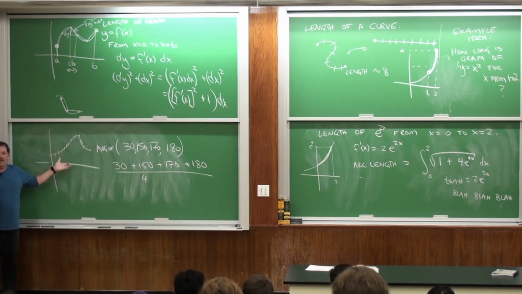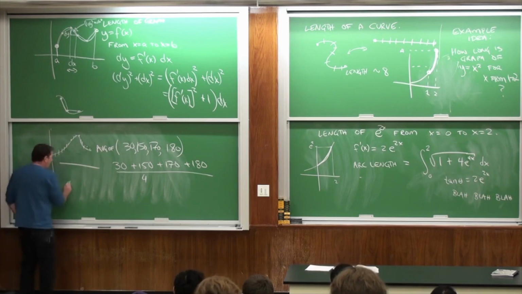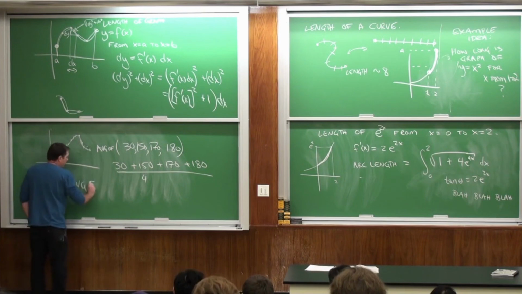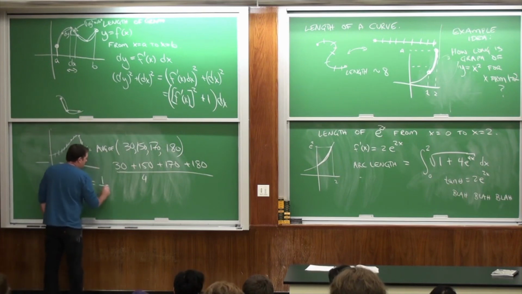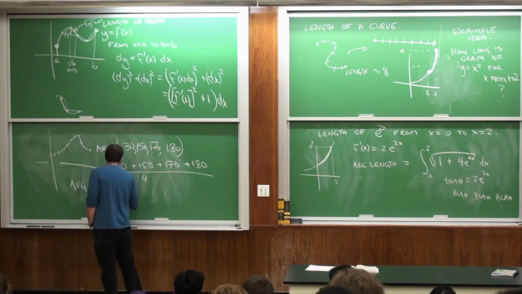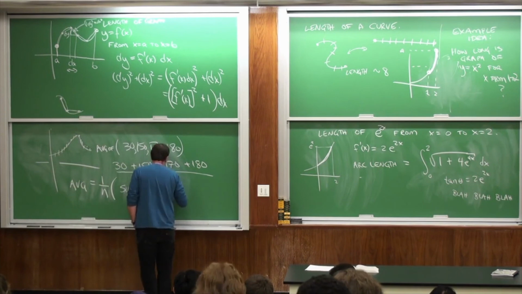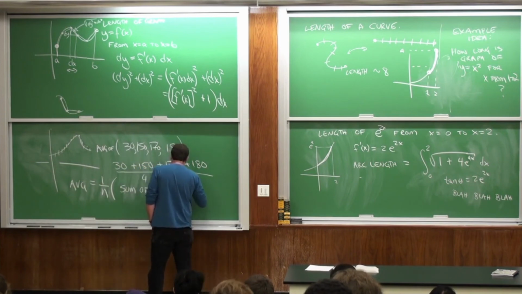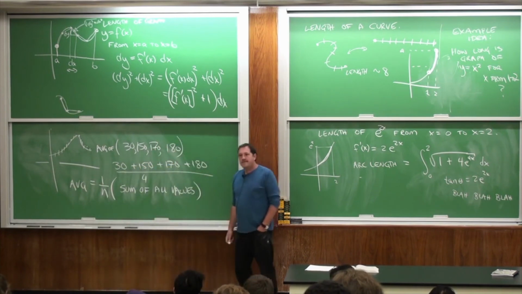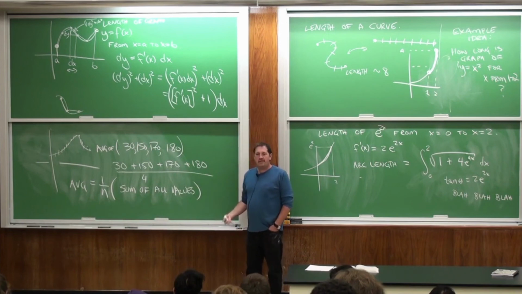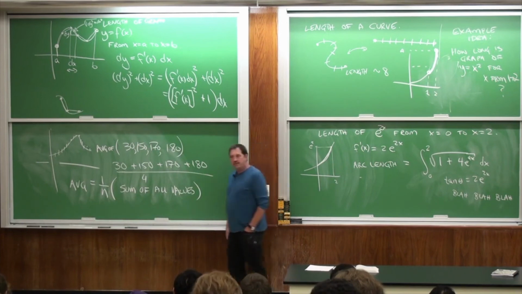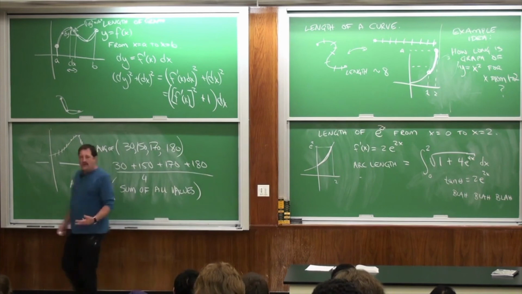I add them all up, and I divide by how many I have. So the average is 1 over however many I have, times the sum of all values. This should start to look like something else you know. I add up a bunch of stuff.